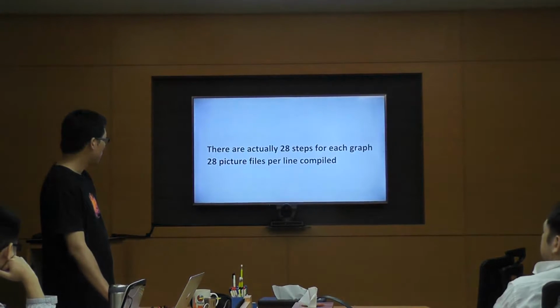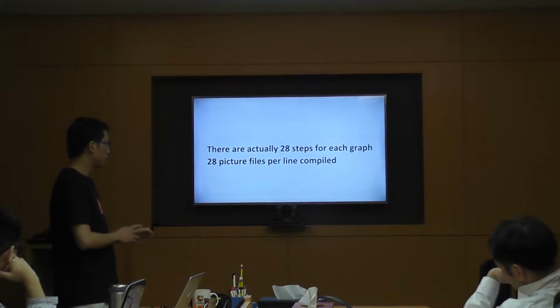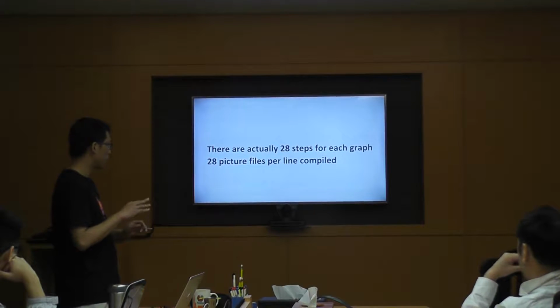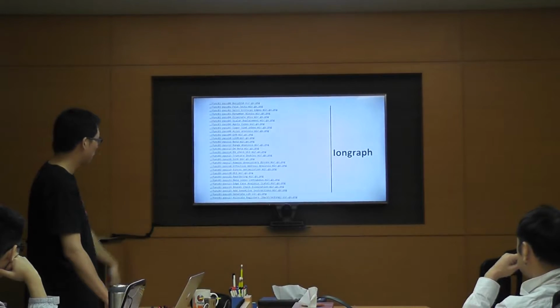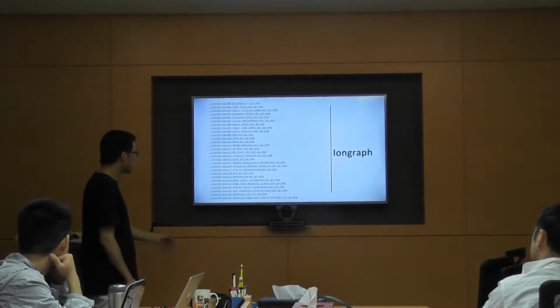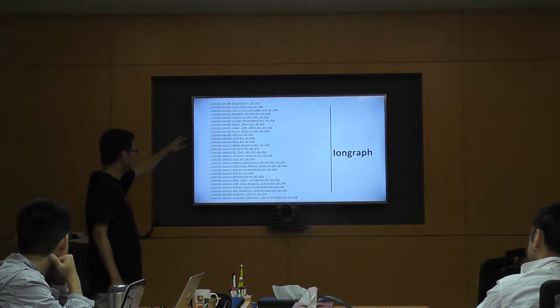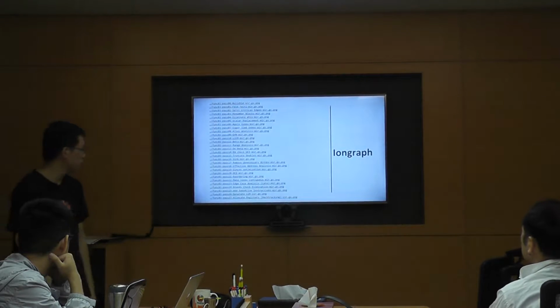And actually, one graph can include 28 steps, so there will be 28 picture files per graph. Like this. So it indicates there are so many places for one graph.